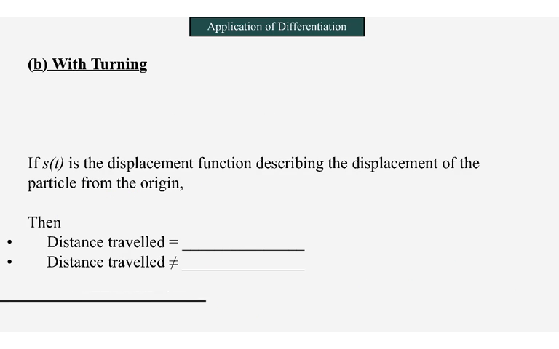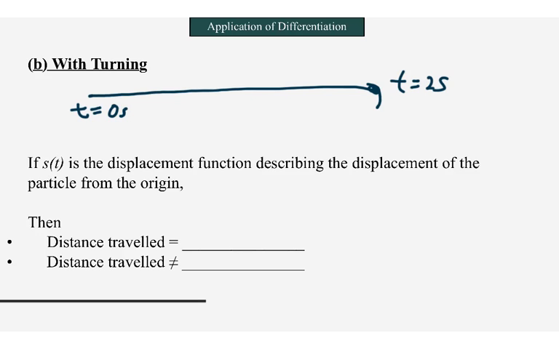We move on to the next part where the particle is moving with turning. For instance, a particle starts its journey when t is 0 seconds. When it comes to this point, it decides to make a turn at t equals 2 seconds, and then it goes in reverse in this direction, reaching this point at t equals 3 seconds.